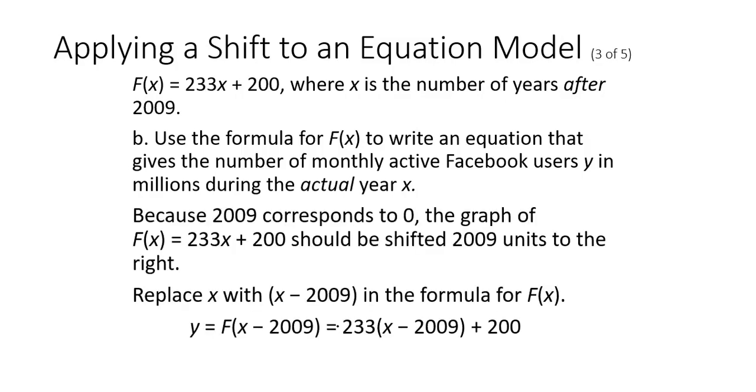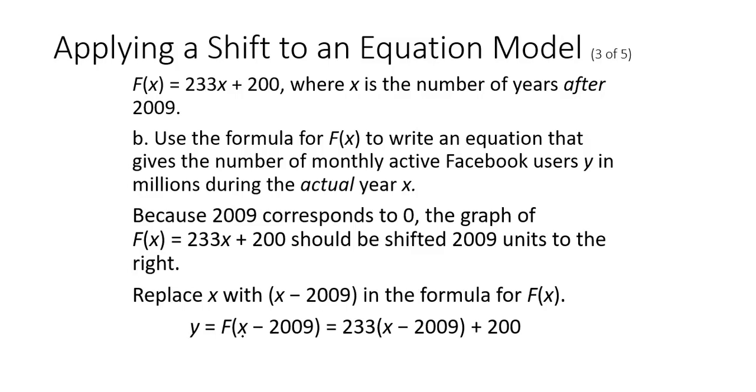So because 2009 corresponds to 0, the graph of f of x equal to 233x plus 200 should be shifted 2009 units to the right. So replace x with x minus 2009 in the formula. So y would be equal to f of x minus 2009 when you shift the graph to the right.